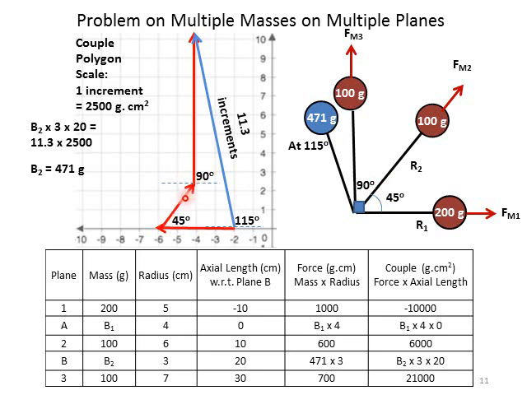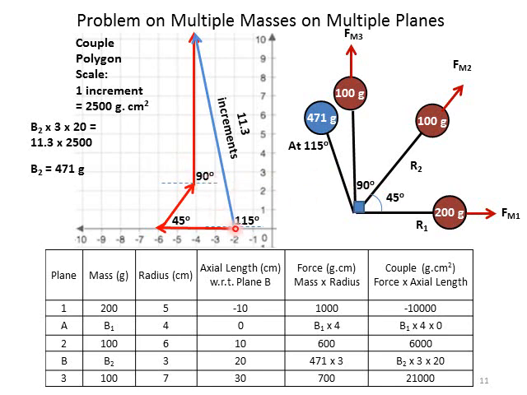So this magnitude is equivalent to 6000 gram per centimeter square. Then comes the couple produced by FM3. Here's the couple and the magnitude is 21,000. So this magnitude represents 21,000 at an angle of 90 degrees with respect to horizontal.